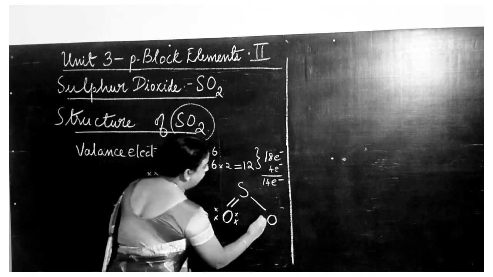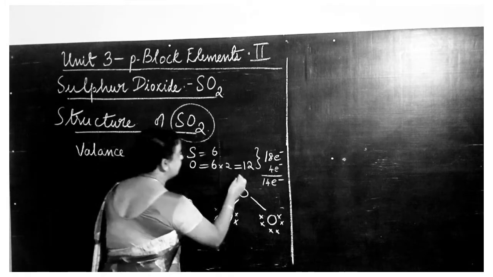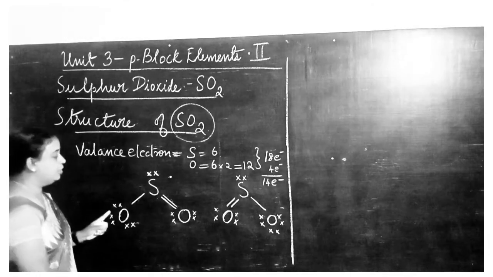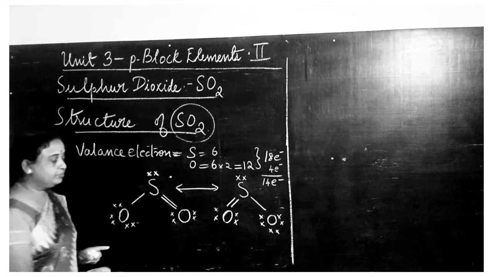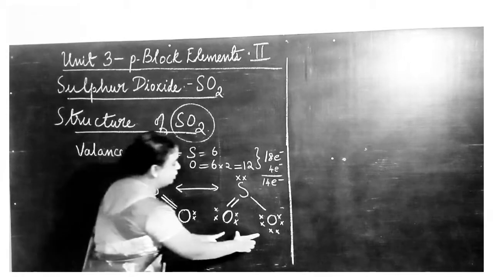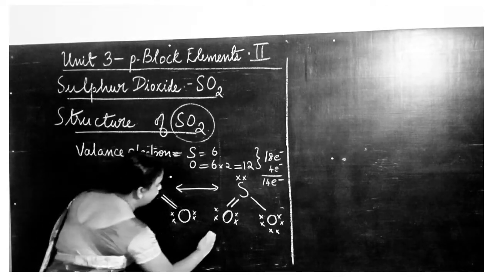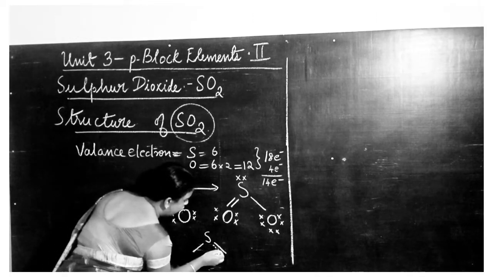Because it is a single bond, here it should come 6 electrons. Yes, and sulfur is having 2 electrons. Fine. So this is the resonance structure of sulfur dioxide. Either we can write it in this form or in this form. So by writing the hybrid structure of sulfur dioxide, I represent it like this. I just put a dotted line.